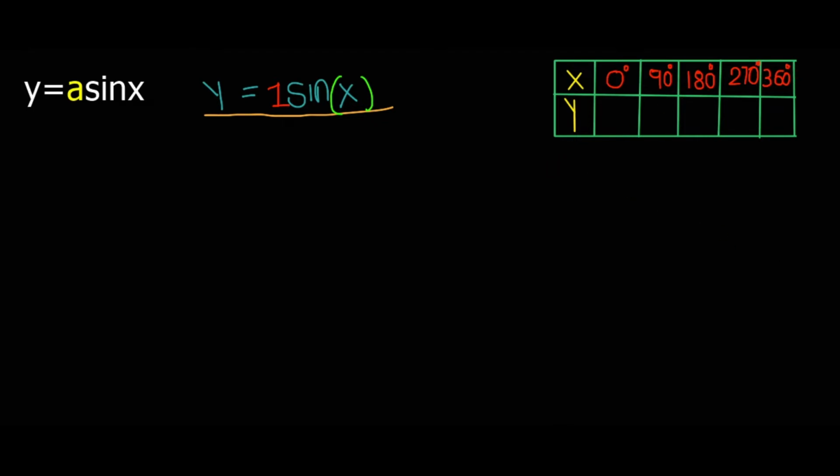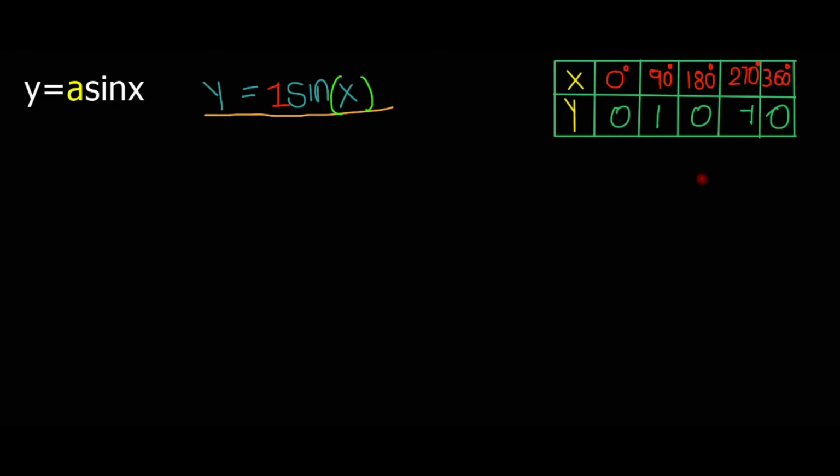This means we press the calculator: sine 0. If you press sine 0, it'll offer 0. And then if you press sine 90, it'll offer 1. And then if you press sine 180, it'll offer 0. Sine 270, it'll offer negative 1. And then sine 360, it'll offer 0.